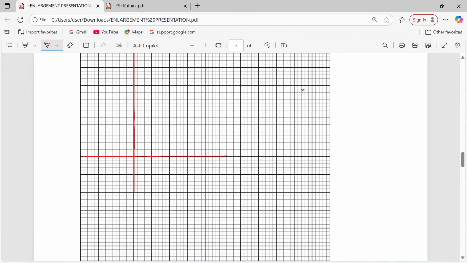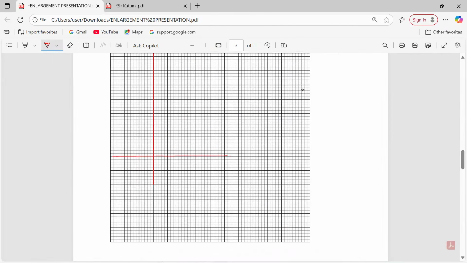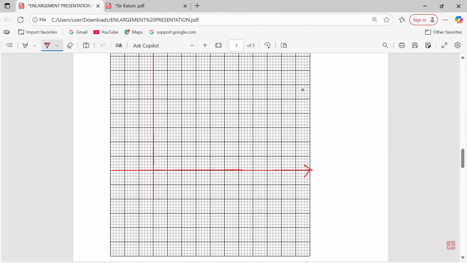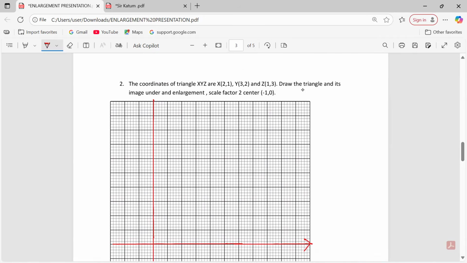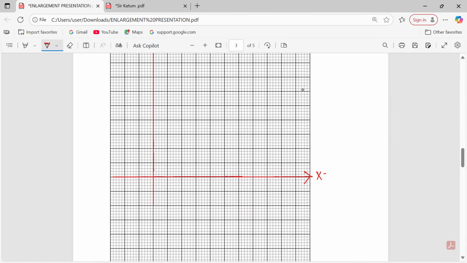I'm trying to zoom the graphical grid so that you may see it very well. Then we have the other axis at this point. You can label them. We have y-axis. You can also label the x-axis to make your work very decent.